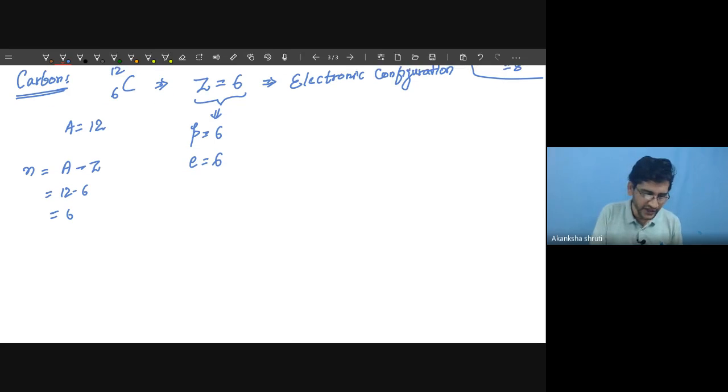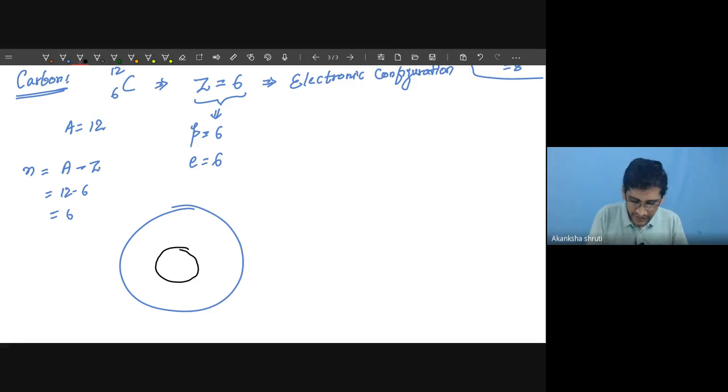If I consider the entire space, this much space is occupied by one atom. Then in the center there is a very dense or heavy region, and this region contains two kinds of subatomic particles, one called proton and another called neutron. The number of protons present is 6, and the number of neutrons present in this nucleus, or central region, is also 6.